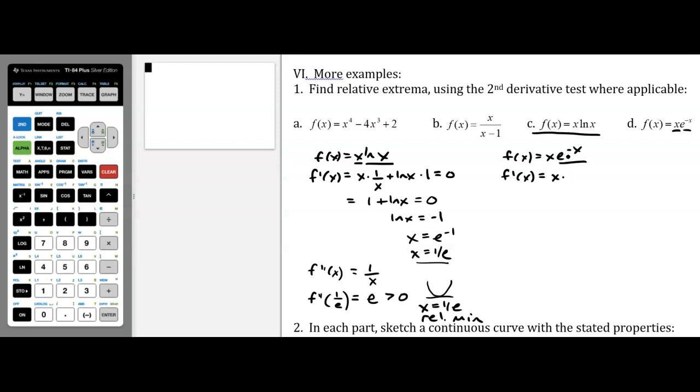Now the derivative of e to the -x is e to the -x, but then multiplied by the derivative of the exponent. So it's actually negative e to the -x. So that's first times derivative of the second, and then we'll say plus the second times derivative of the first. And so this is equal to x times negative e to the -x. So that's negative x e to the -x plus e to the -x.